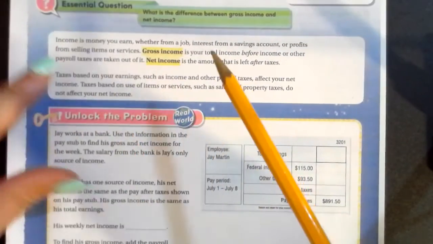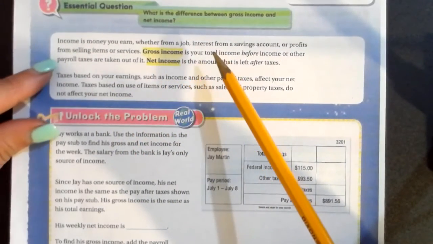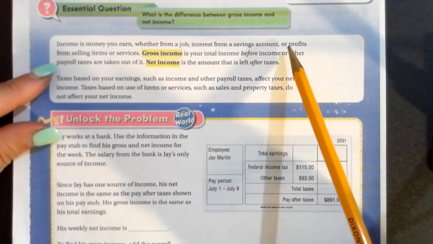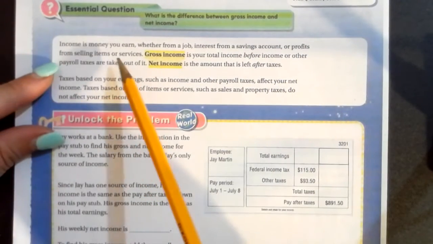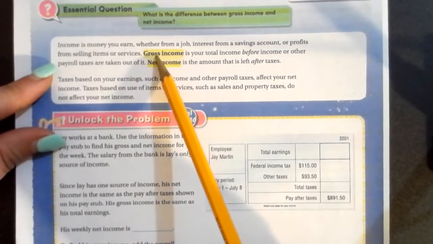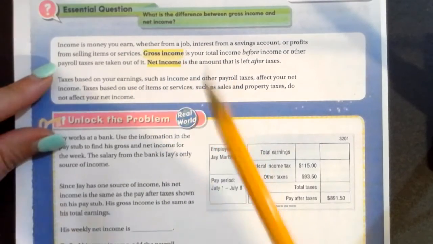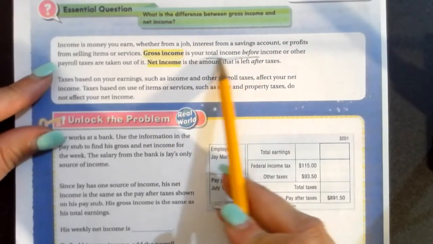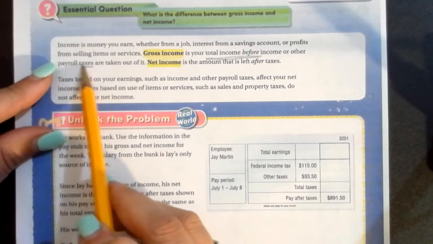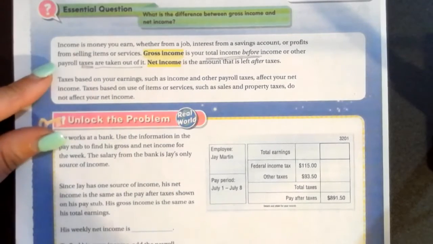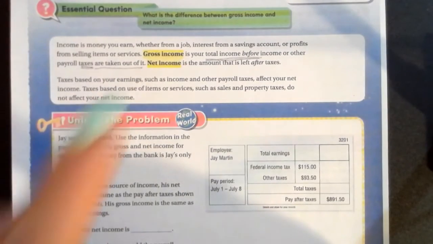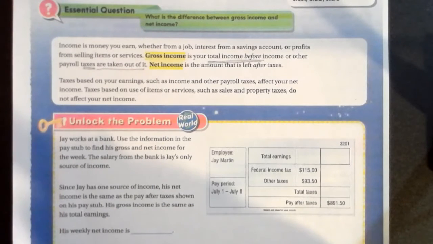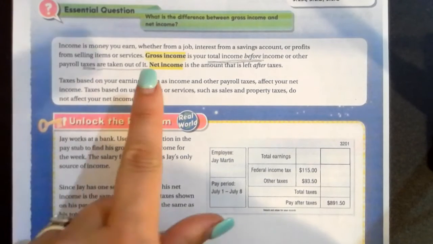Income is money you earn, whether from a job, interest from a savings account, or profits from selling items or services. Gross income is your total income before taxes are taken out. That's really important. We still have a ton of adults that can't remember that. Gross income is before taxes are taken out.